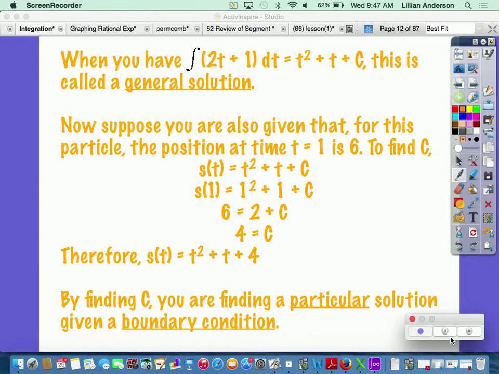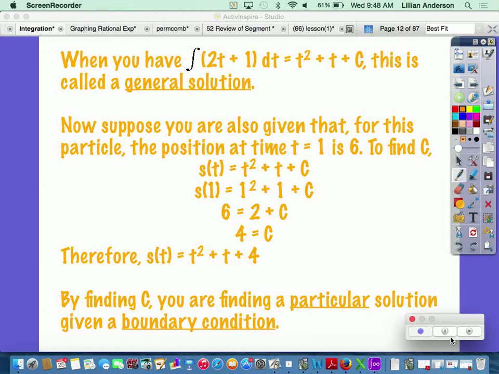That c can be any particular number. The only time that you're going to be able to figure out what c is, is if they give you some kind of other piece of information, okay? So now suppose that we're given that for this particle, the position at time t equals 1 is 6. To find c, we're basically going to take that information and plug in. If t equals 1, then that means that y, or our position, also known as s, equals 6.